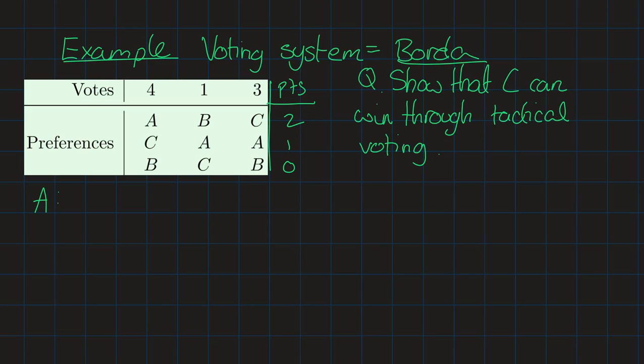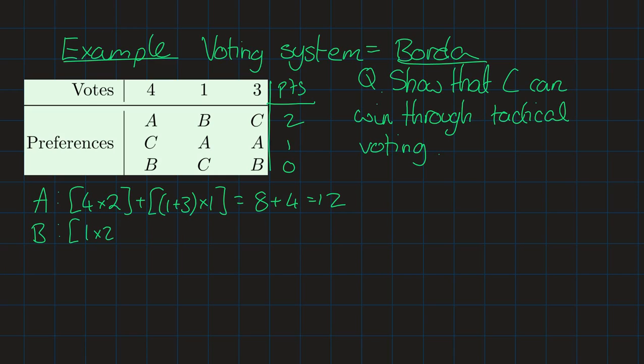So A is going to get 4 times 2 plus 1 plus 3 times 1, which is 8 plus 4, which is 12. B is going to get 1 times 2, and that is it. So just 2.